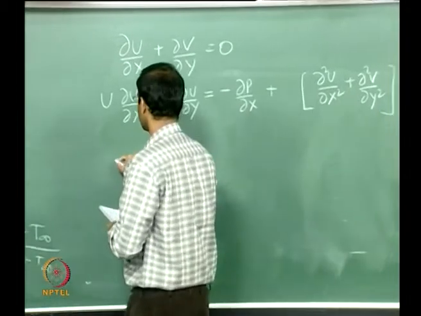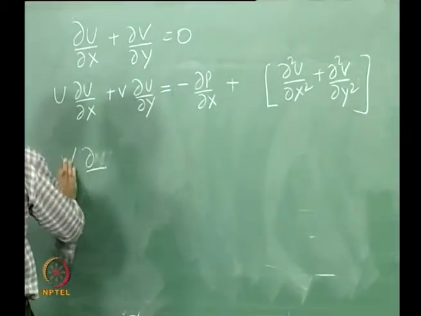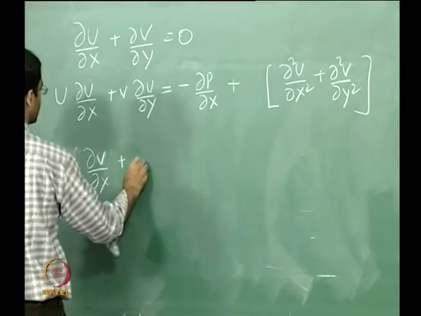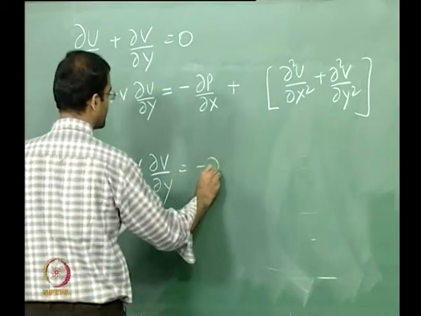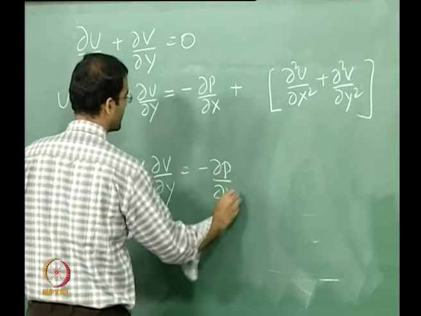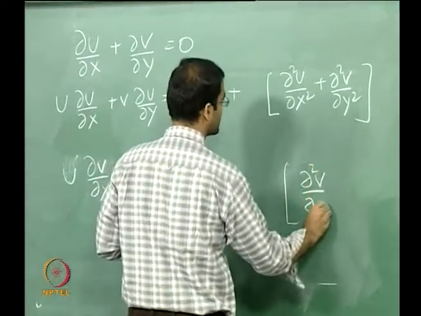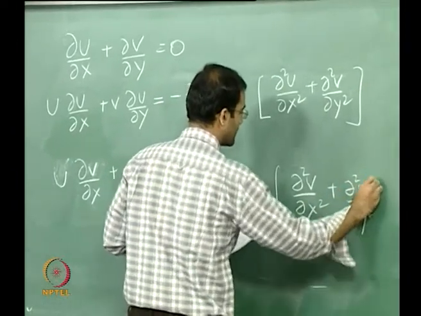The same thing for the other equation: U dV by dX plus V dV by dY minus... These are all in non-dimensional variables, so you have to check and tell me what terms should be there.